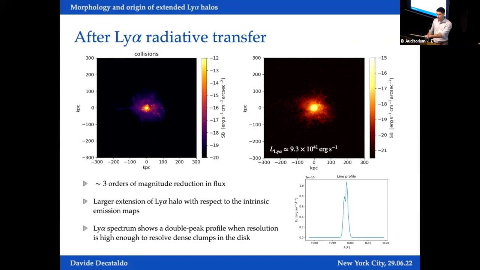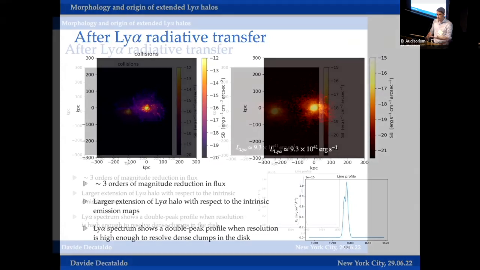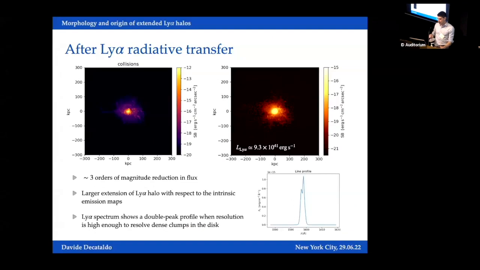Finally, I also point out that we can manage to reproduce the typical double peak in the spectrum of the Lyman alpha line that we usually see in observations. But for this, you really need a good resolution in the simulation, because if you cannot resolve the dense clumps in the disk of the gas, then you don't manage to reproduce the double peak of the Lyman alpha line.